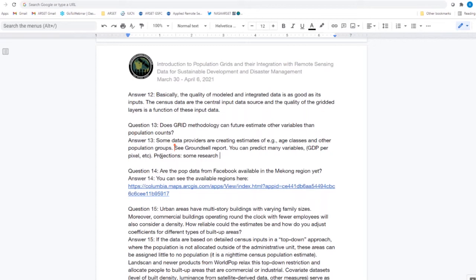So there is research underway that takes up these population grids for these kinds of applications, to project population and to forecast population trends over large regions and even globally. So our hope obviously is that these data are being used for many such purposes to improve these projections as well.